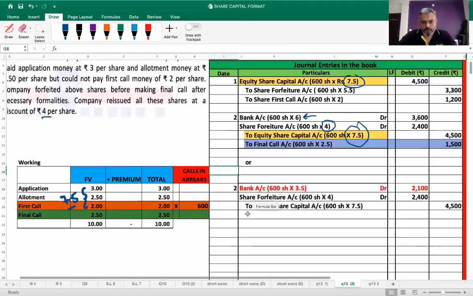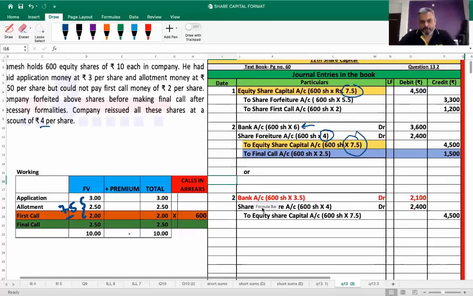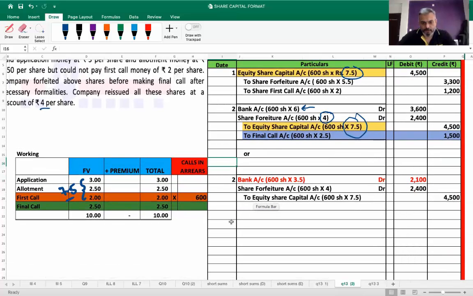Okay, now let's do the entry for capital reserve, the third one. So the third entry over here will be share forfeiture account debit to capital reserve account. Now over here 600 shares forfeited, 600 shares reissued.